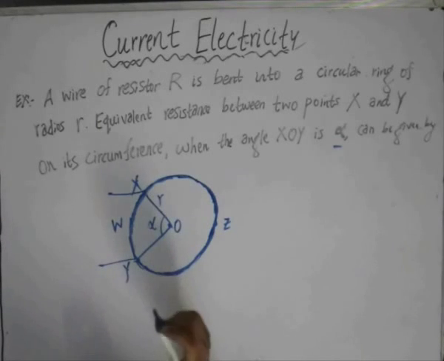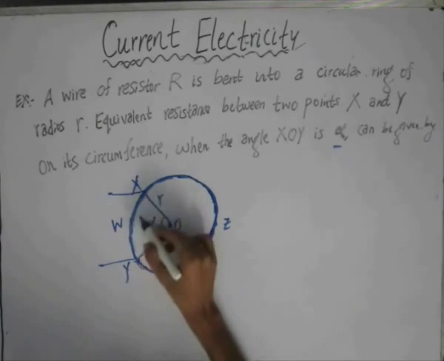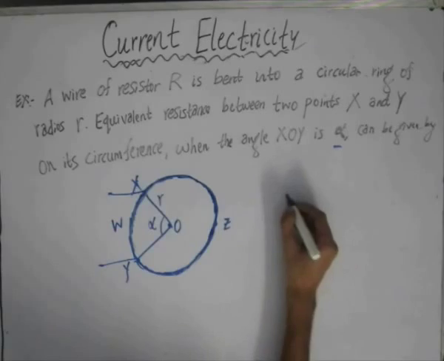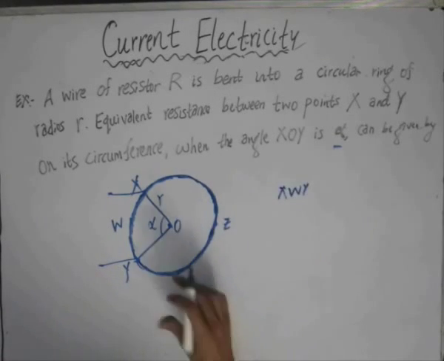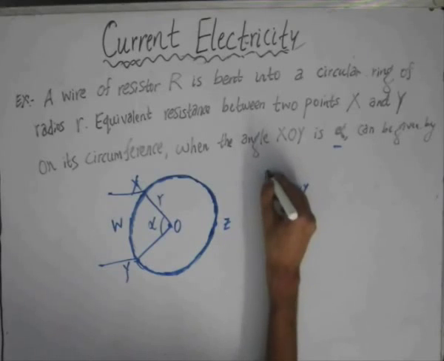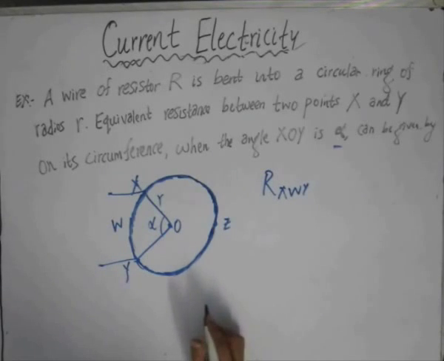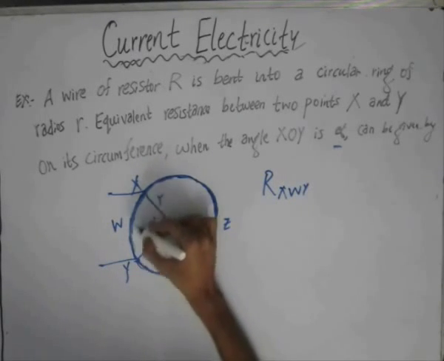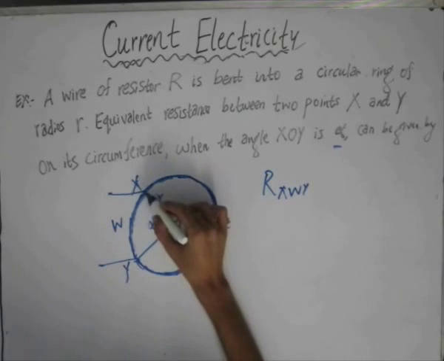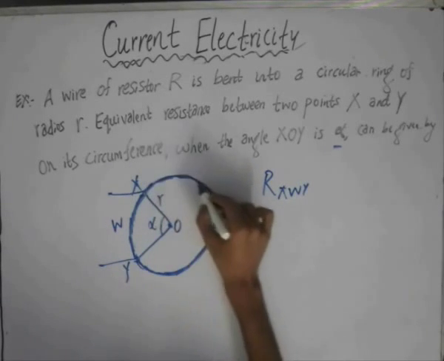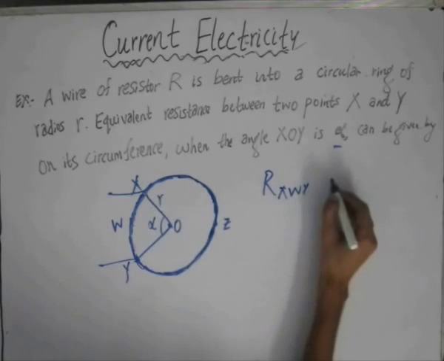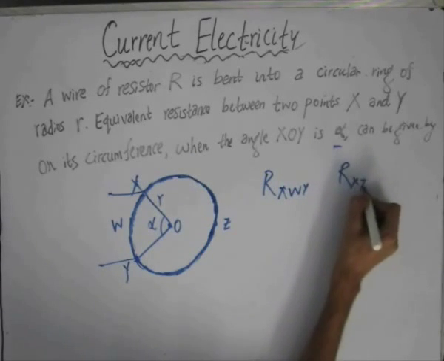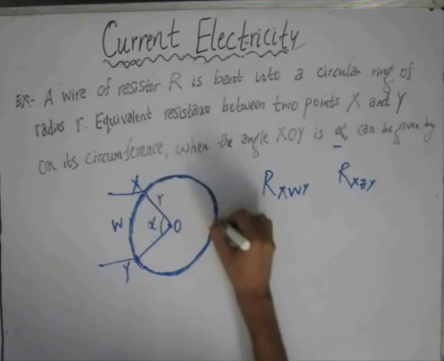For instance, suppose this arc XWY. The length of the wire XWY will correspond to some resistance, indicated by RXWY. Now this wire is in parallel with the other wire XZY, whose resistance is RXZY.